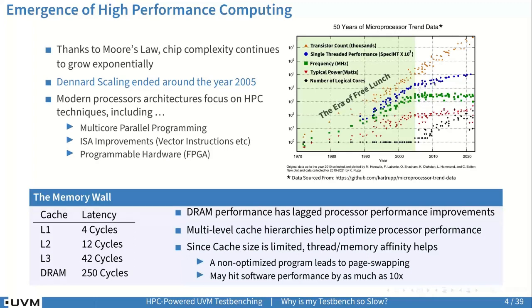Okay, but since 2005, the performance, and this is all logarithmic graphs, is not increasing at that scale, and therefore you are verifying larger chips, but you don't have machines which can perform that much faster. Till 2005, it was an era of free lunch, meaning that you don't have to do anything.